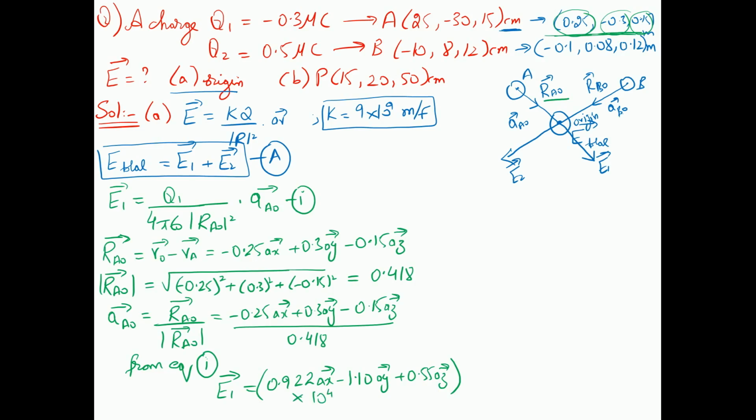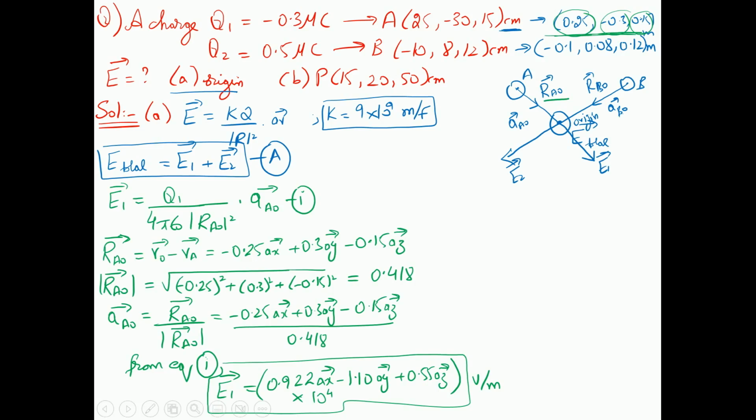So that's it. This is the electric field intensity of the first charge A at the origin, and remember that the unit is volts per meter. This is the first electric field intensity that we have found.